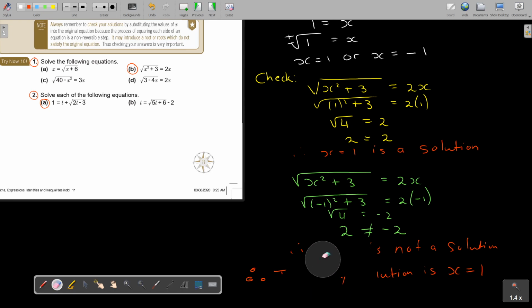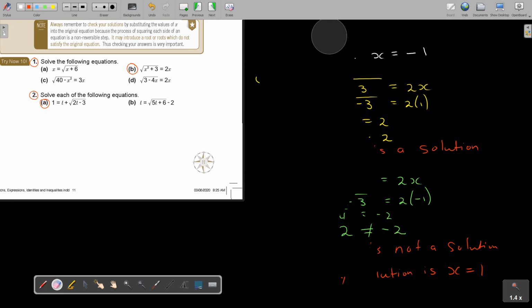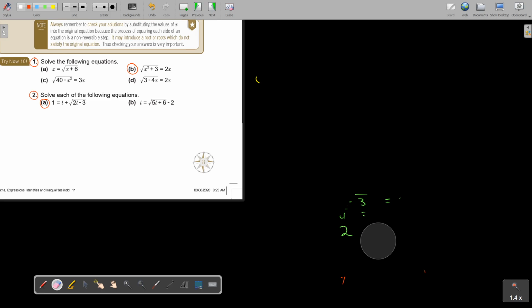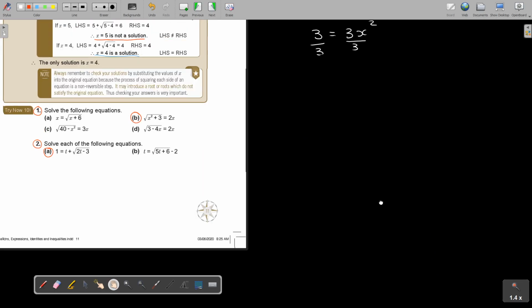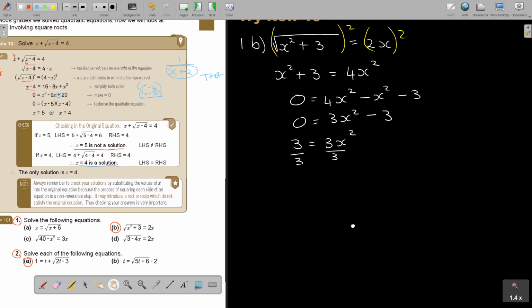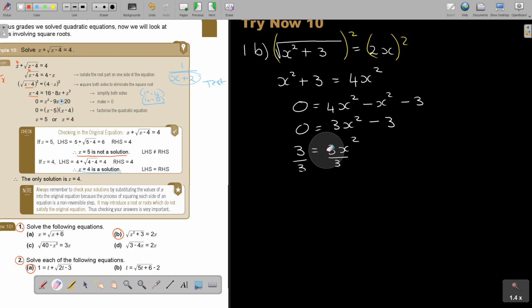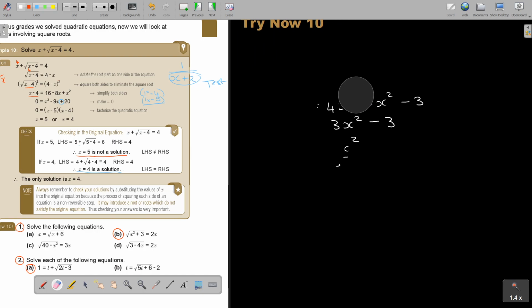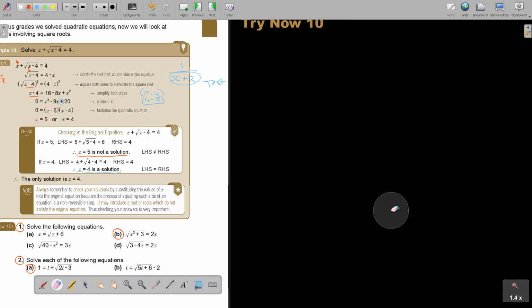Let's first make space. Okay, number 2. Solve each of the following equations.